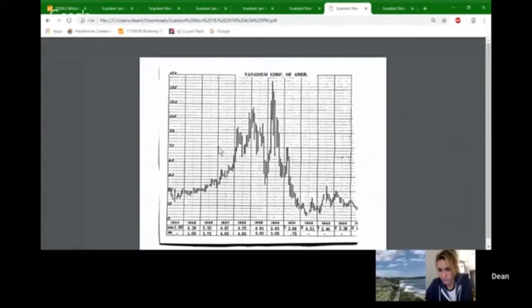Now, I haven't talked about this publicly before, except with some of our people in our research group. But what this actually is, is called a broadening top. And this is a broadening top that occurred basically 20 years before Edwards and Magee defined what this was.